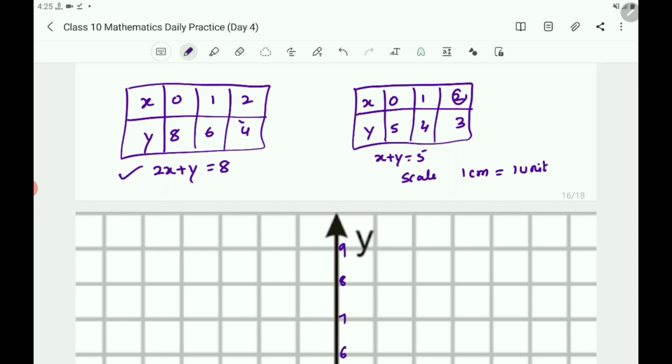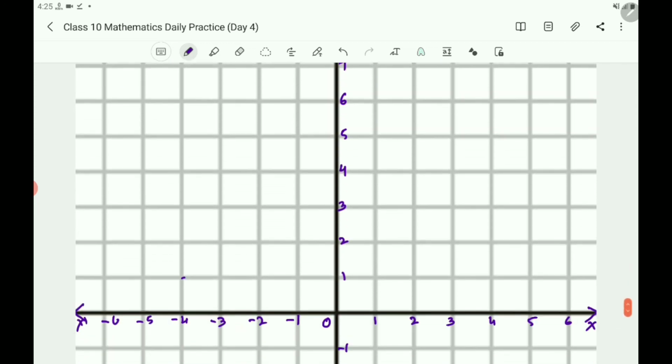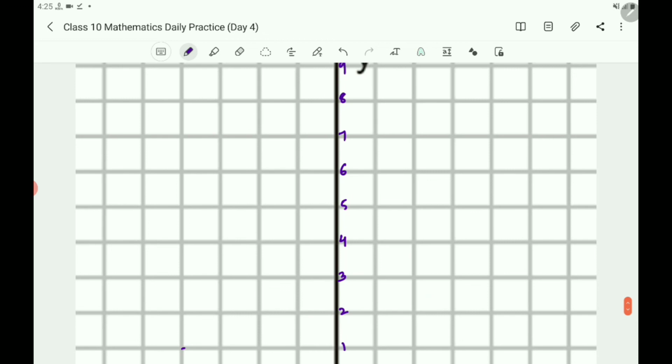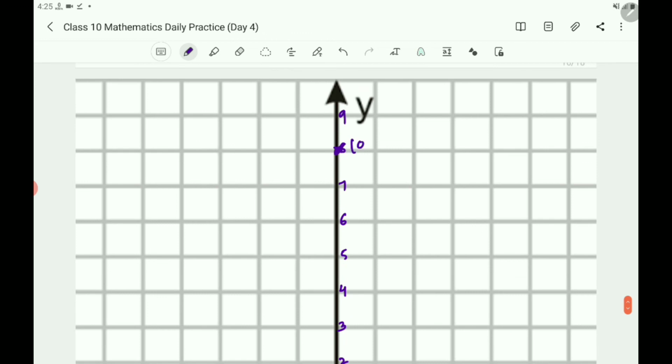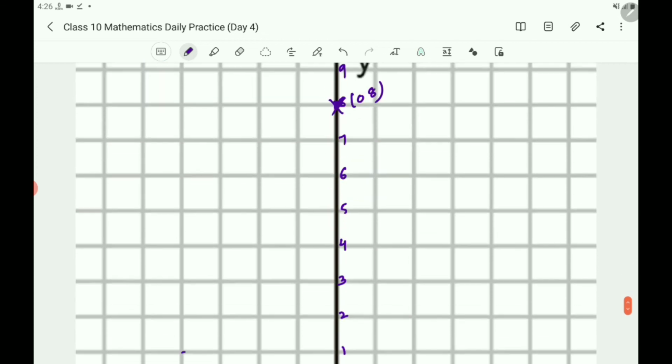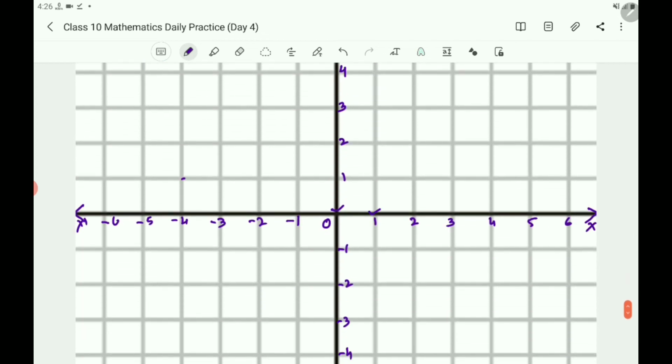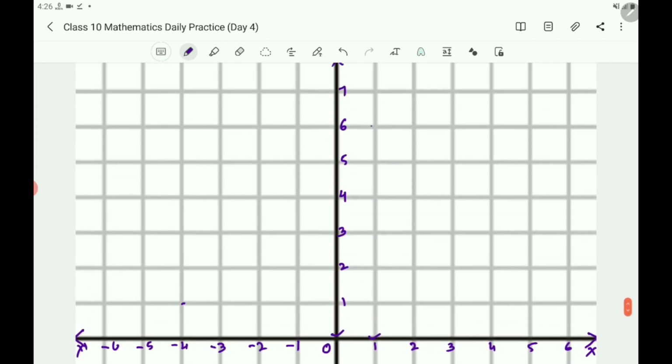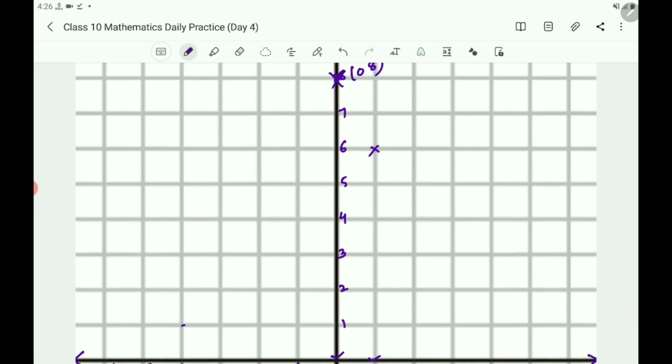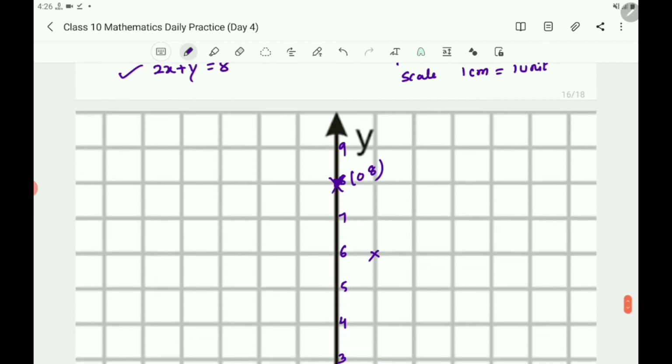Now let us draw the first graph, that is 2x plus y equals 8. First one is 0, 8. So 0 is here, 8 we go straight up. This is 0, 8. Next 1, 6. This is 1, 6.